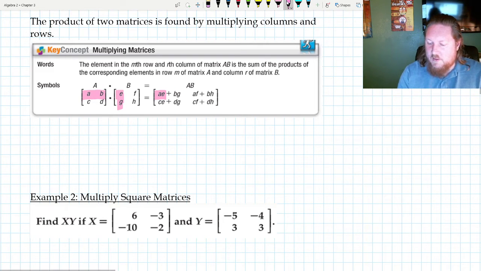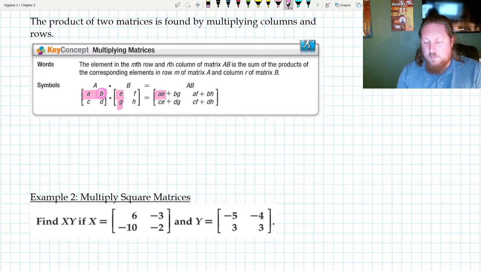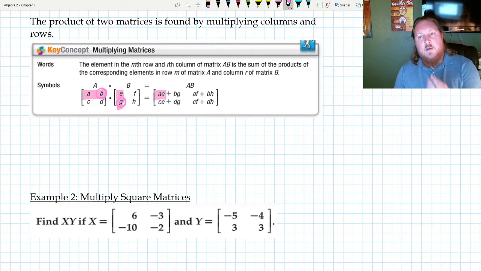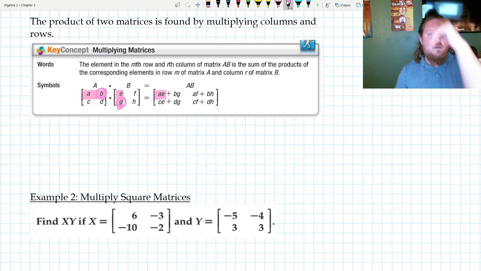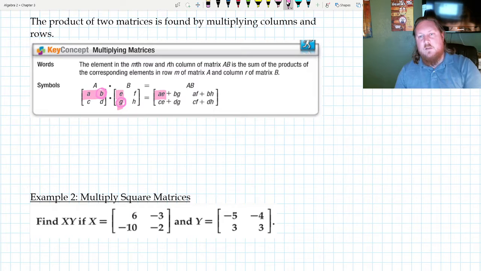The second part here is the second element, B, is multiplied by the second element of the column in the other matrix, and all those two products that we find, we then add them together. So it's like we're going sideways and down, and we're going to add those things together.